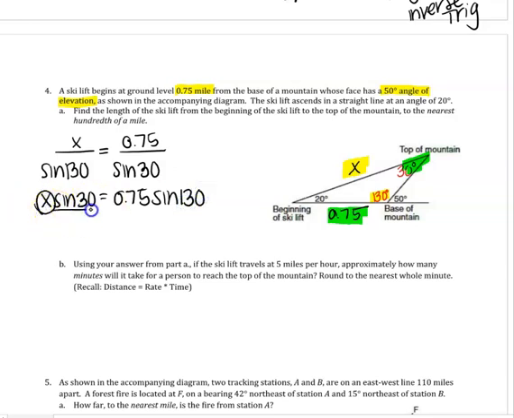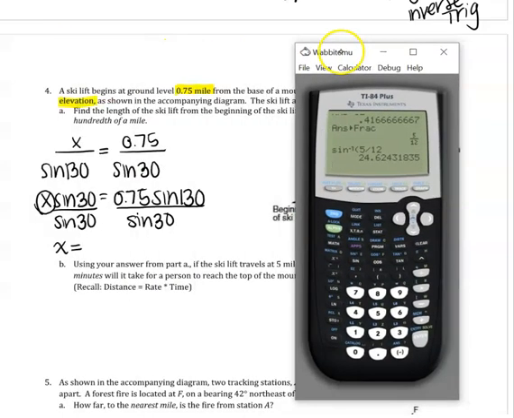And then we divide. Okay, now I grab my calculator. So to the nearest hundredth, 1.15.